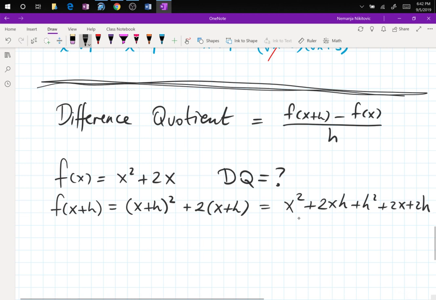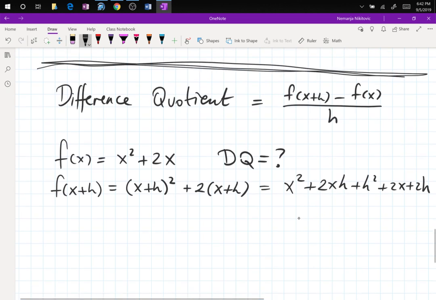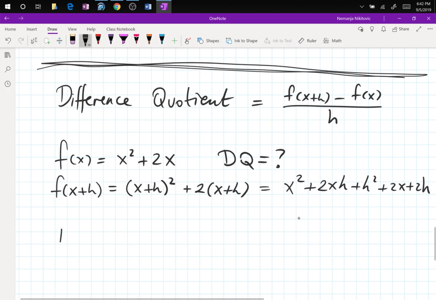So when you FOIL everything and distribute the 2 for the second term, you have this long expression. Actually, you can't add any of these, there are no like terms. That's it. This long expression is what you have. So now you can compile the difference quotient.